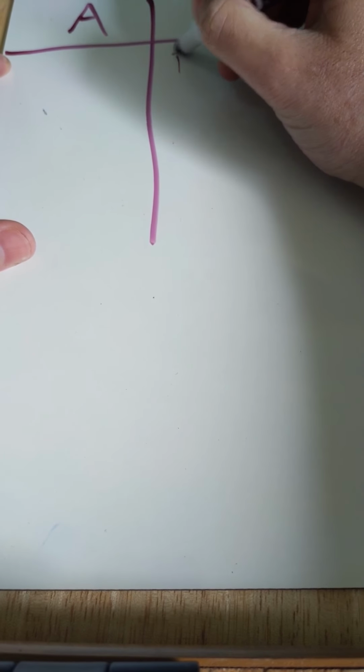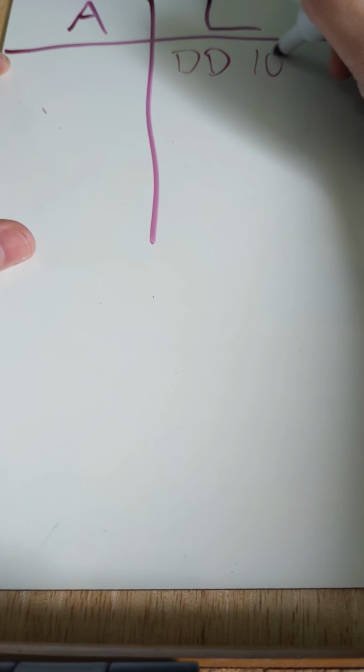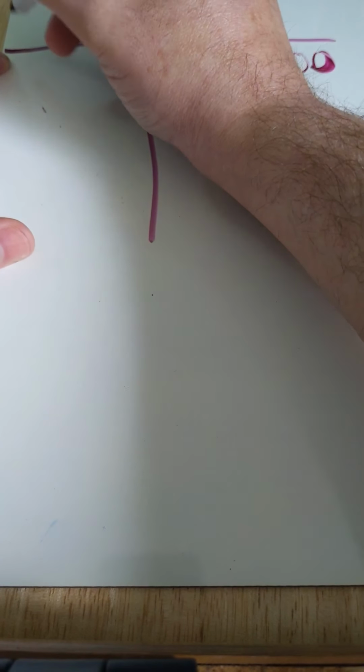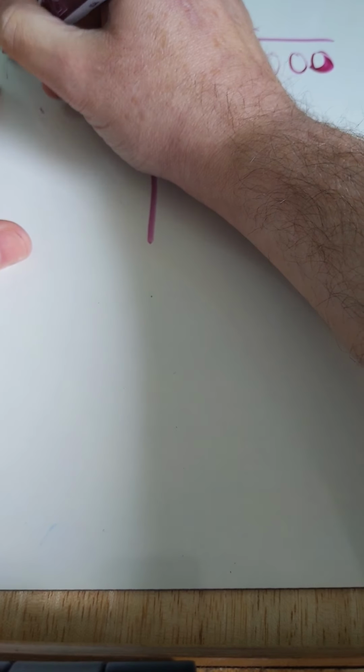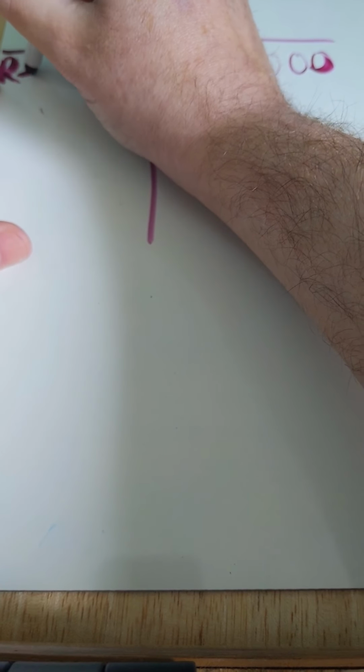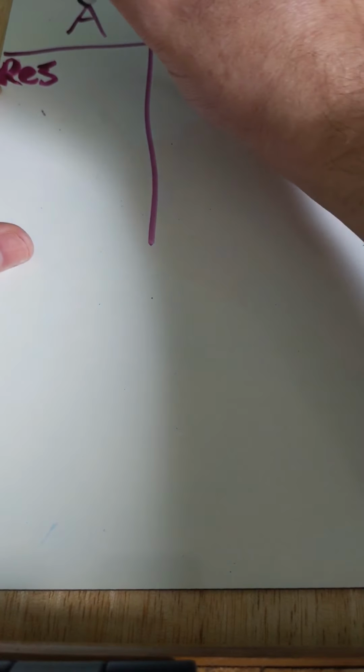Okay, so let's say that this bank looks like this. DD 1000, reserves. We'll call it 500.